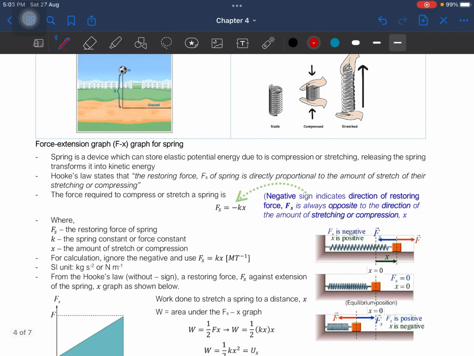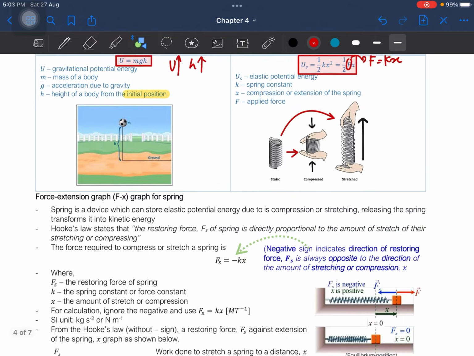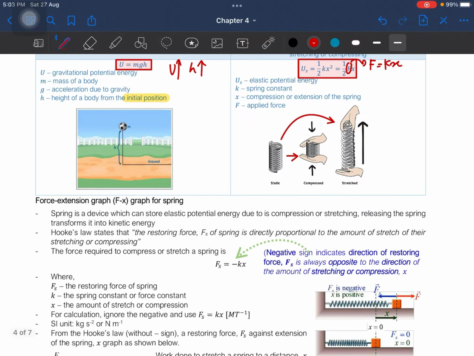Okay, so basically apa yang kita buat ni, bila kita compress ataupun bila kita stretch dia, we are transforming from potential energy, I'm just gonna put U lah. Okay, so from potential energy, it is converting into kinetic energy.